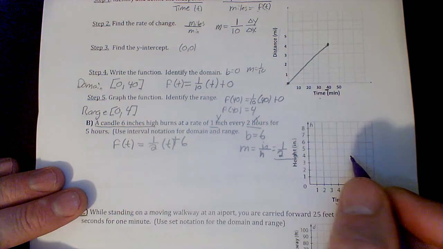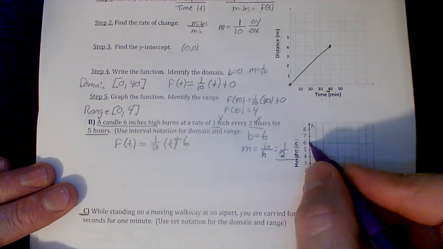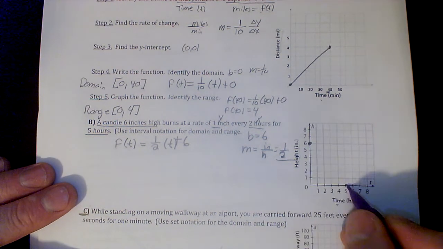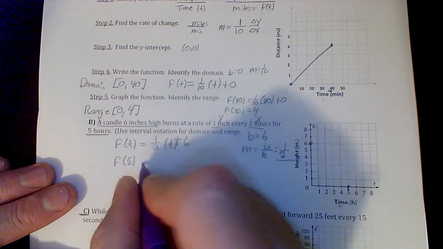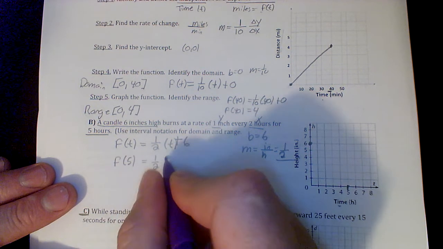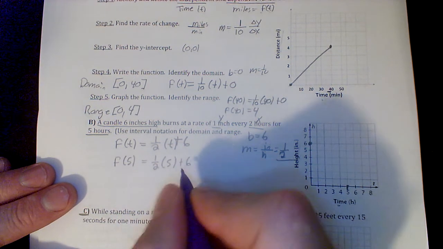Alright. It looks like we go for a total of 5 hours. So we know our y-intercept is 6. Let's see where we're at at 5 hours. I'm going to say f of 5 is equal to 1/2 times 5 plus 6.